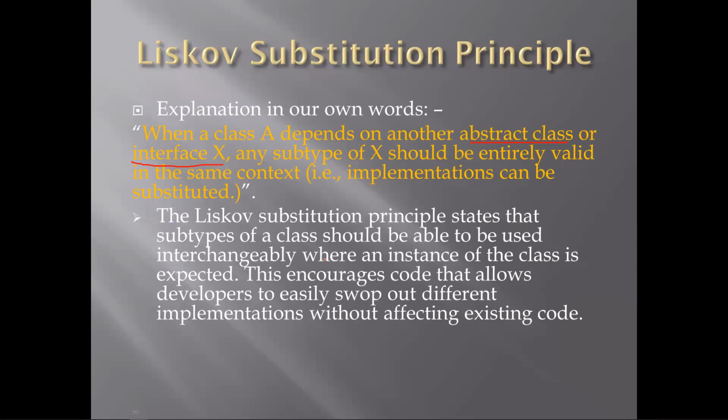This swapping between subtypes or implementations of the interface should be done without making any changes, if your components are following the Liskov substitution principle. If it is not following it, then obviously it will not work that way. When you interchange your implementations, you might have to make some changes in your code.